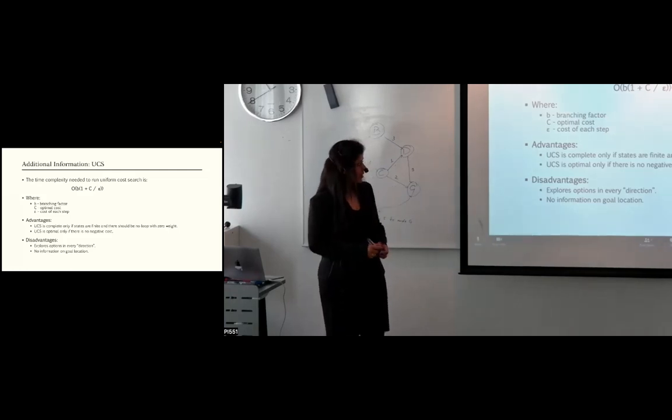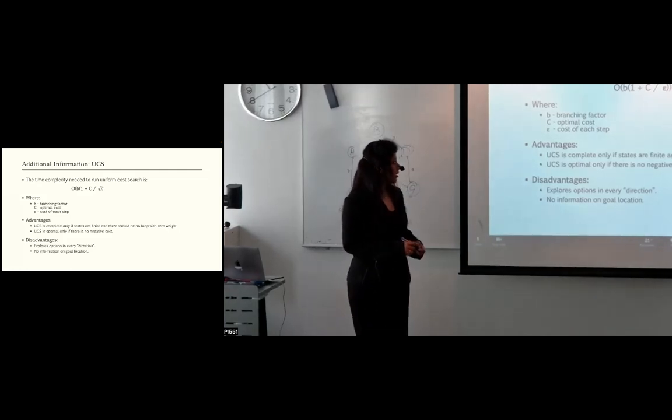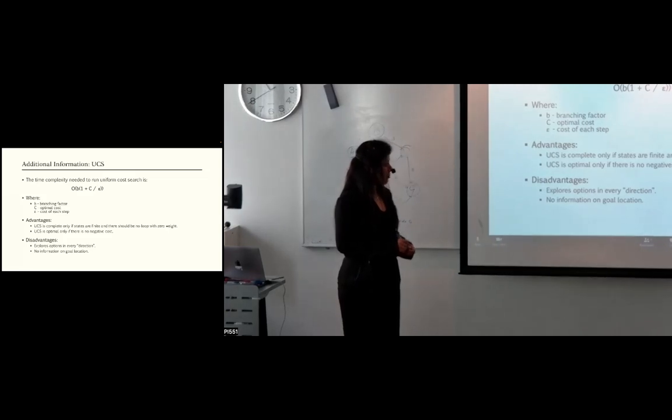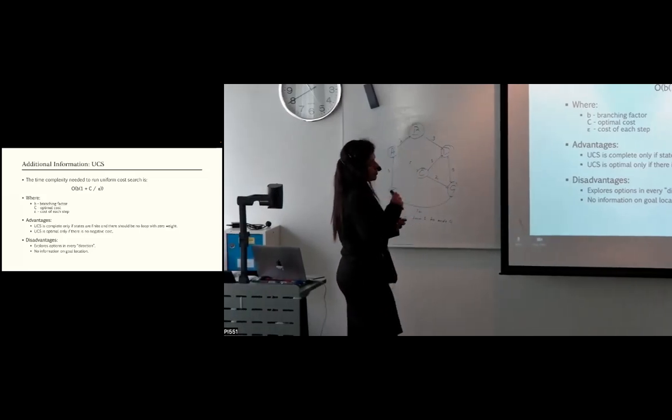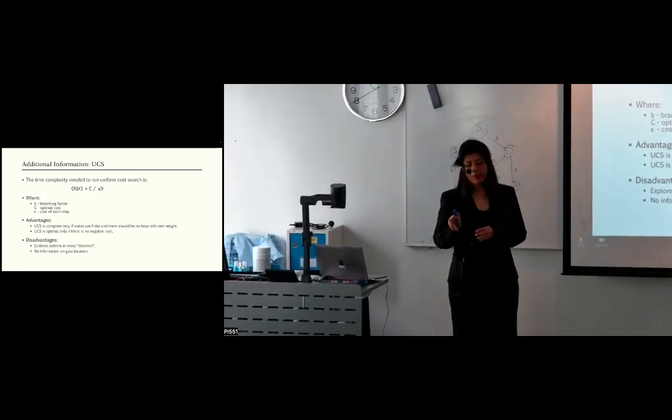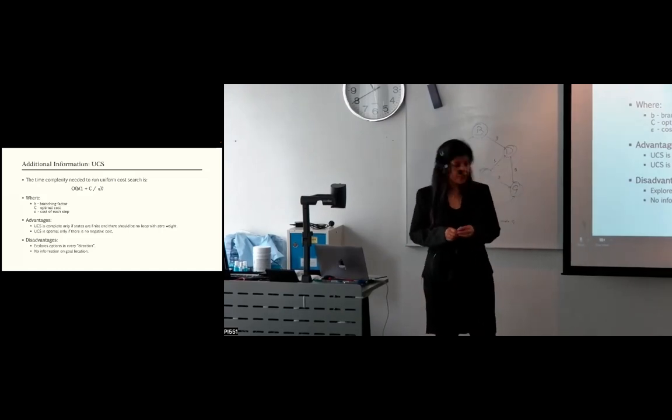So this can be a disadvantage, but there should not be any negative cost or zero weight to have the advantage of this UCS over depth first search and breadth first search.